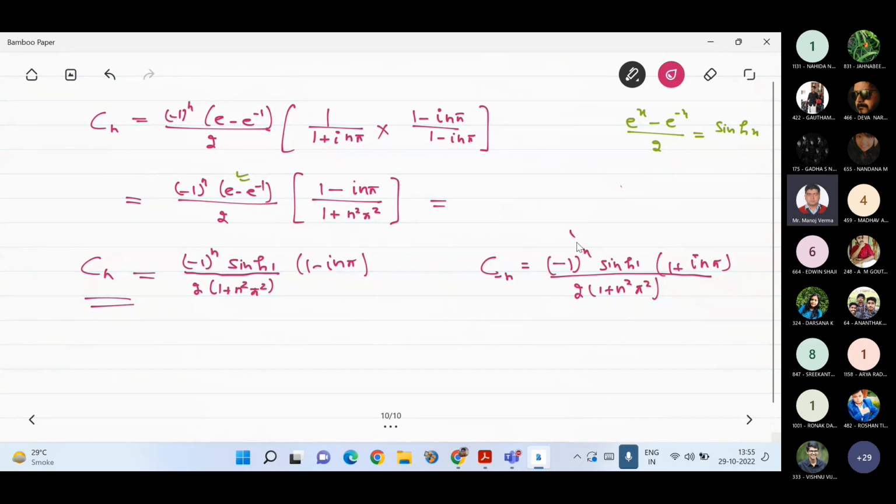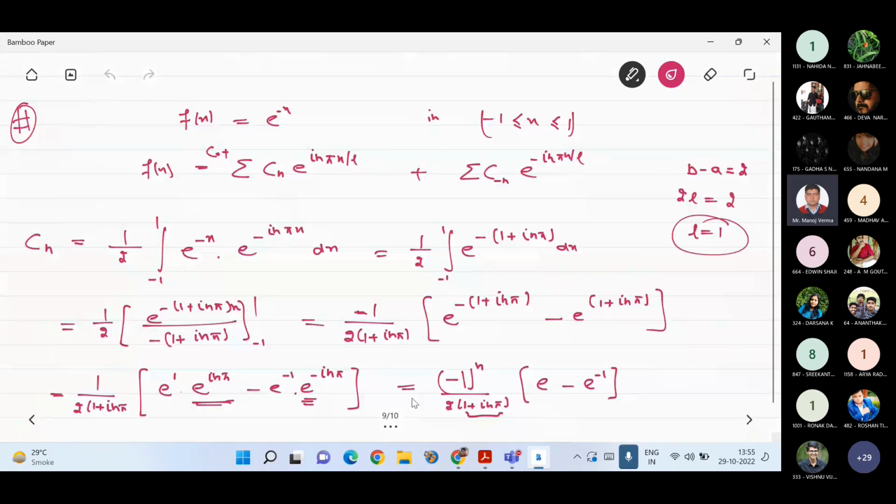And there will be no effect on this end, right? Because you can see that this -1 raised to the power n is actually coming from this e raised to the power iota n pi. So if I replace n with minus n in these terms, I can see again the same thing, -1 raised to the power n is coming as the answer.